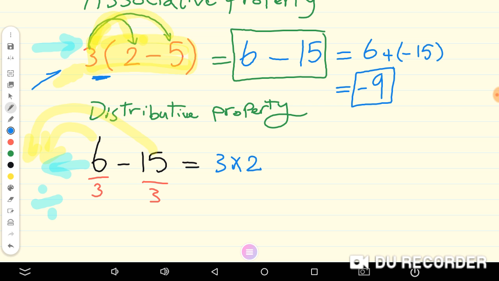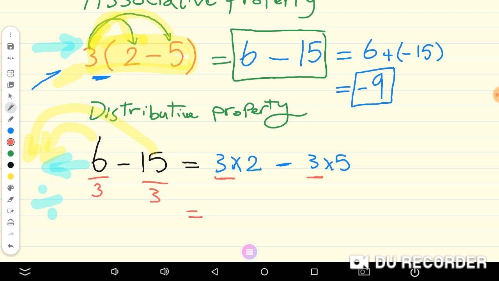Minus 15 can also be written as 3 multiply 5. What's common here? The common number is 3. So we will take 3 out as a common factor. This is why we choose 3.